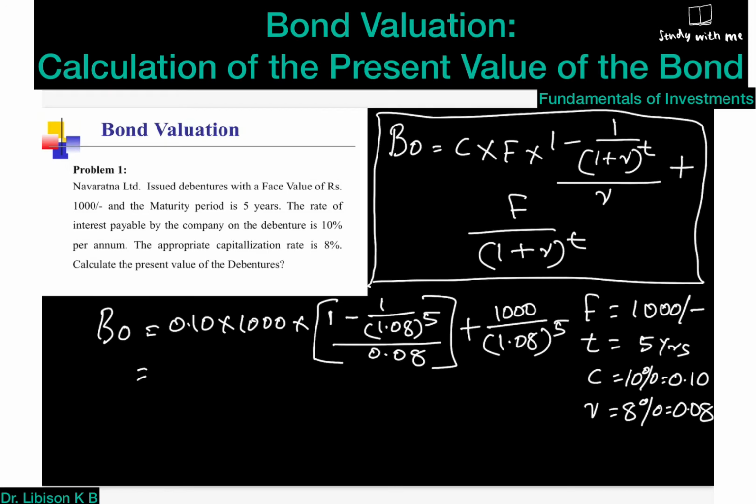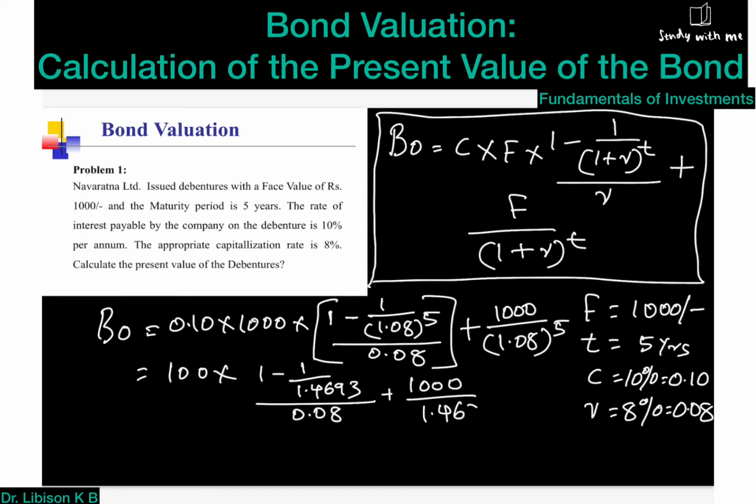So it is equal to 100 multiplied by 1 minus 1 divided by 1.4693 whole divided by 0.08 plus 1000 divided by 1.4693.